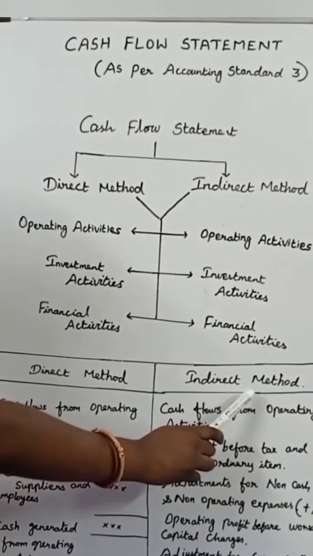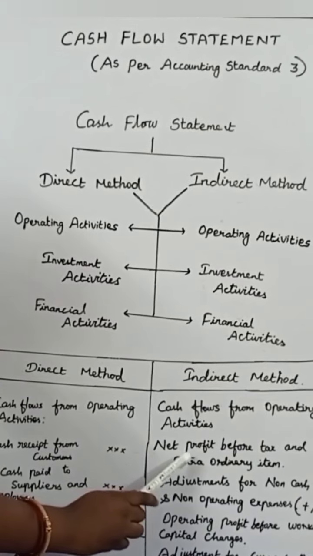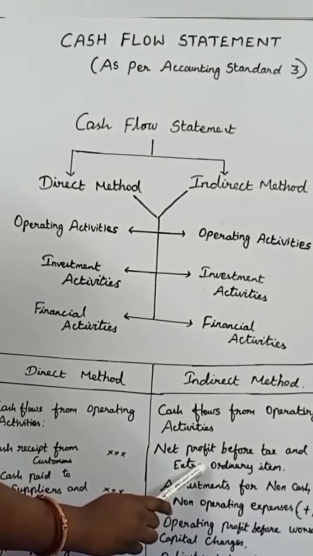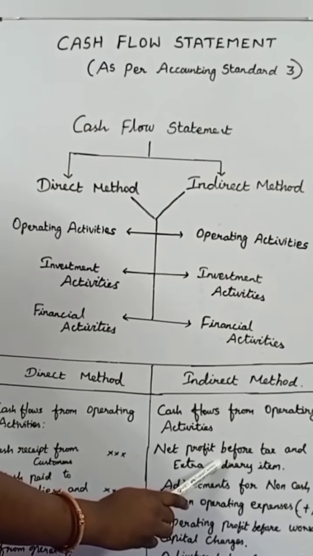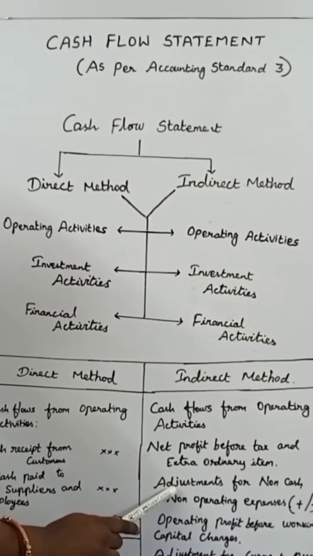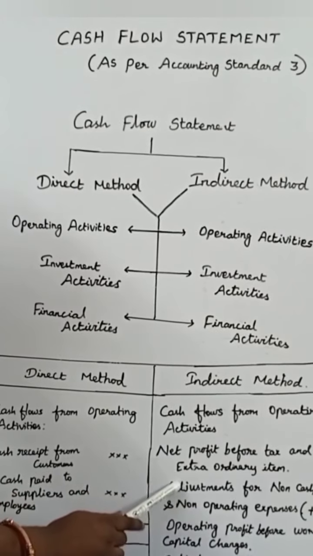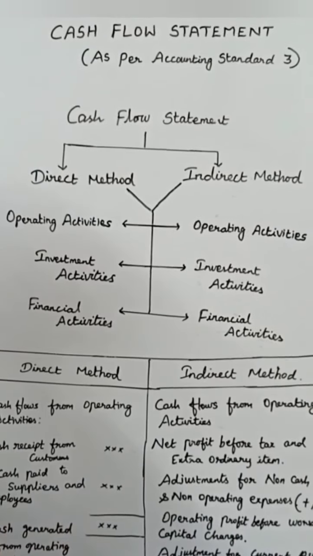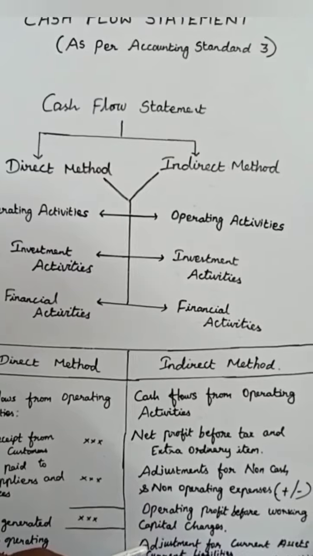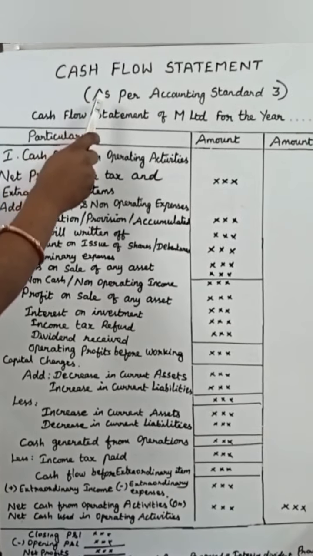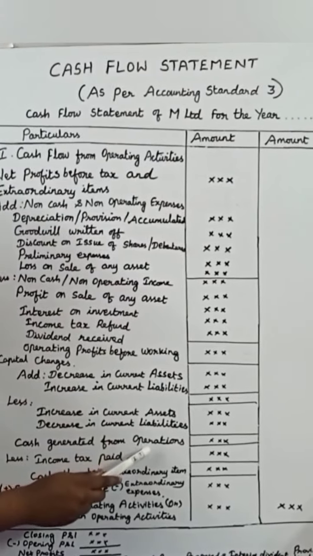Under the indirect method, the net profit disclosed by the profit and loss account is taken as the base. Necessary adjustments are made to the figure of the net profit to arrive at the net cash flow from operating activities. Let us now discuss the format of the cash flow statement.